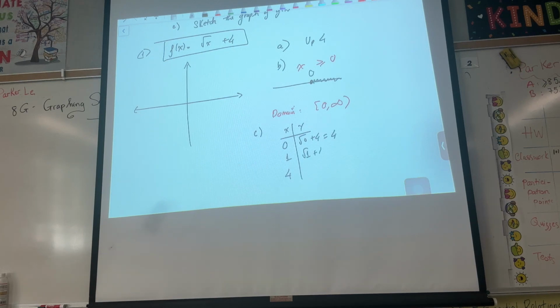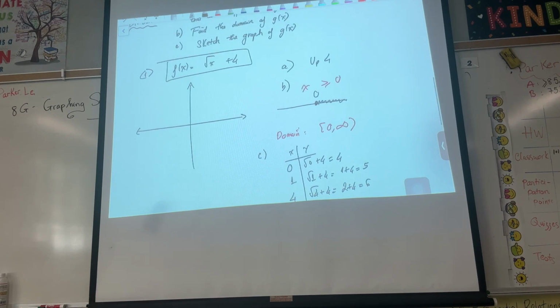Square root of 1 plus 4 is 1 plus 4, which is 5. Square root of 4 plus 4, I just plug it into the T table, so that means 2 plus 4 is 6. Now you can plot them: 0, 4; 1, 5; 4, 6. Connect them, you got the graph.